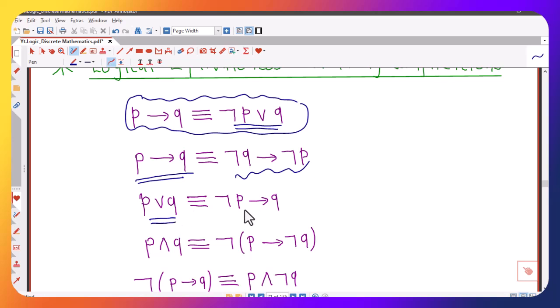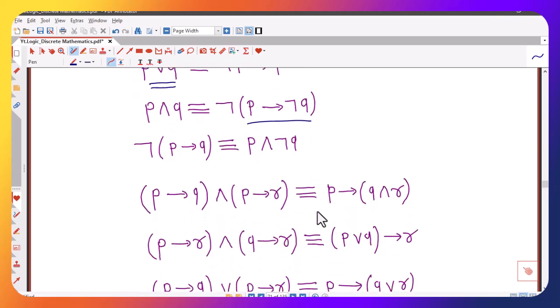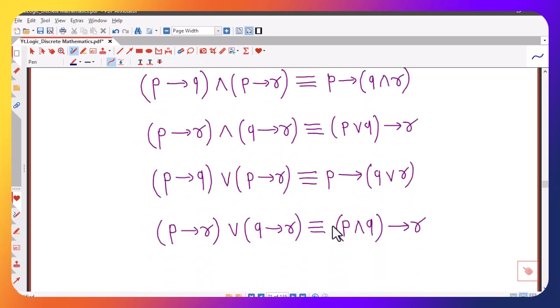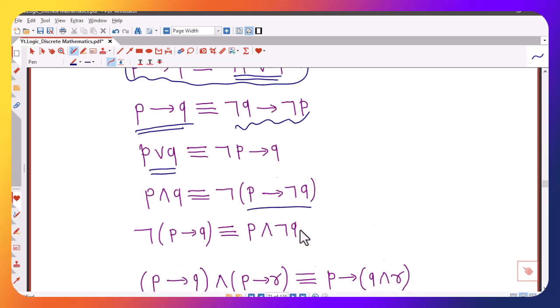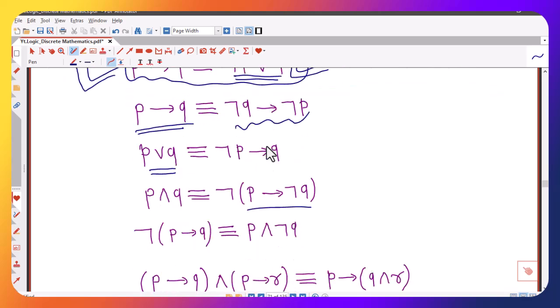Similarly, P or Q is equivalent to negation P implies Q. P and Q is equivalent to negation of (P implies negation of Q). All these are just for information; we don't have to remember all of them. We will remember the logical equivalence that we are going to use frequently in upcoming lectures, that P implies Q is logically equivalent to negation P or Q.